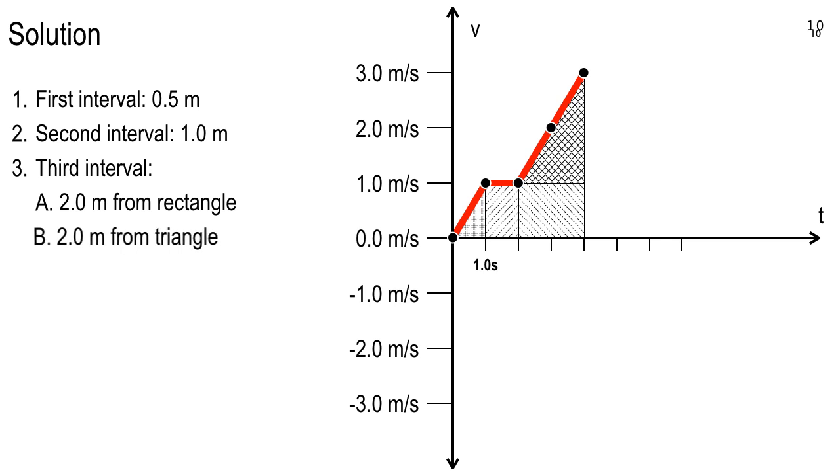And then the distance triangle is 2 units across for the base, 2 units high. So 1/2 base times height for this one is also 2.0 meters. All right, and a bunch of you got that. The total answer is 5.5 meters.